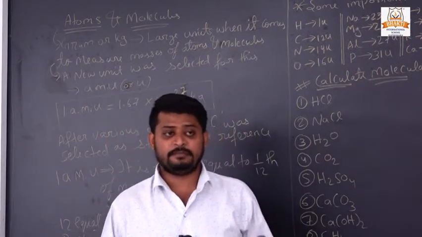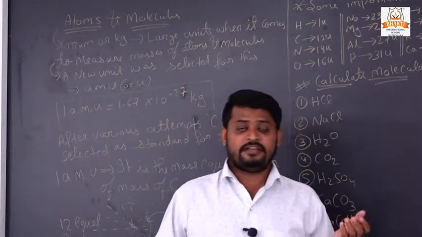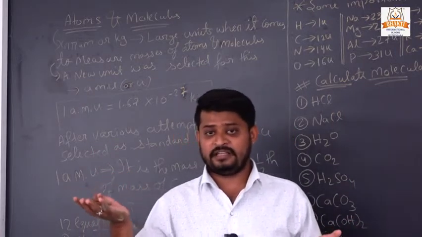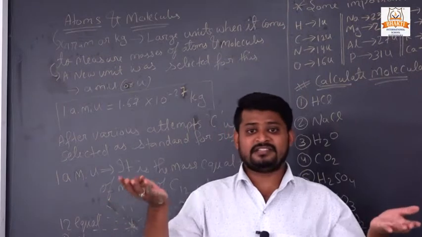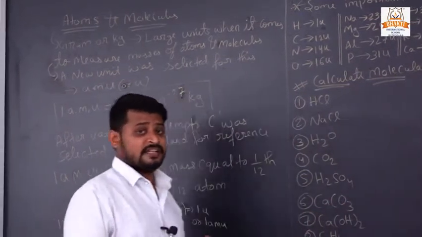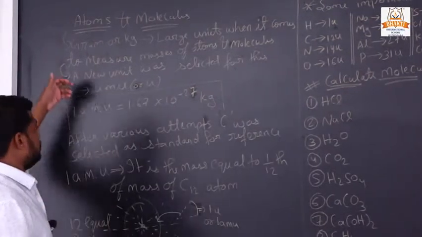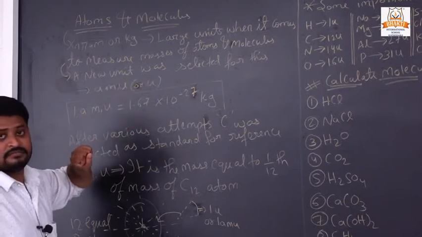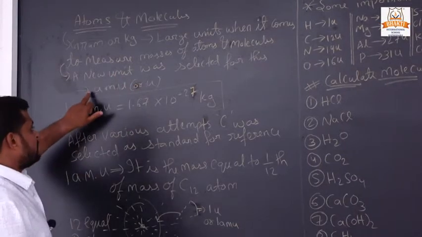If we take a balance and put a weight in gram and kg on one side and one atom on the other, it is not able to balance and measure the weight.